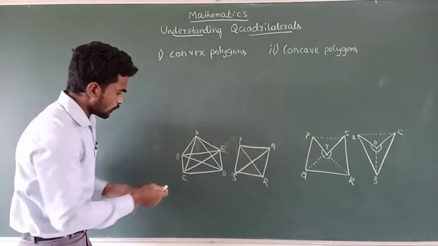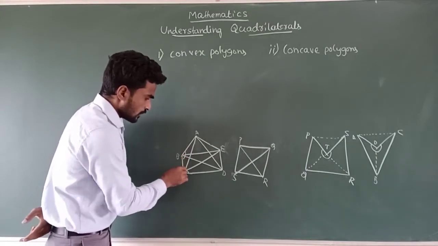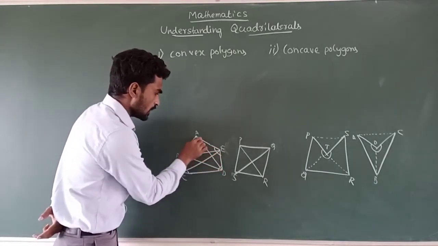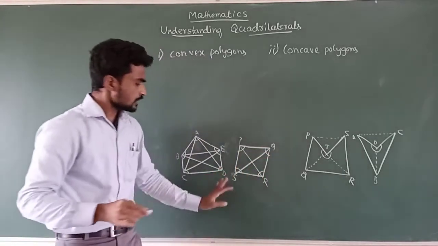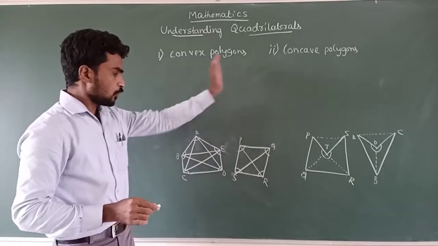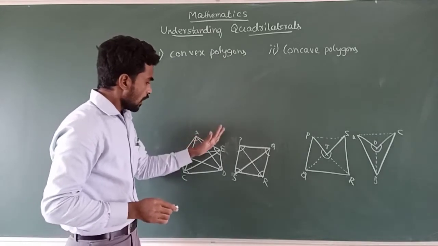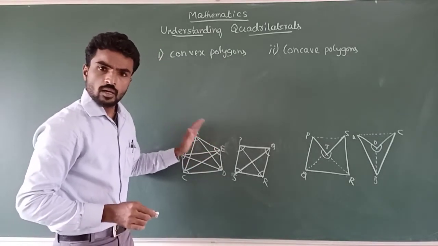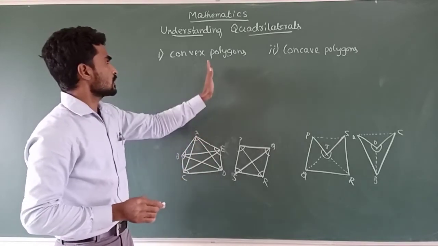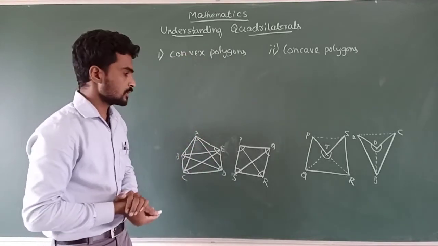But here you can observe no angle is more than 180 degrees. All are less than 180 degrees. The polygons which have all interior angles less than 180 degrees are called convex polygons.